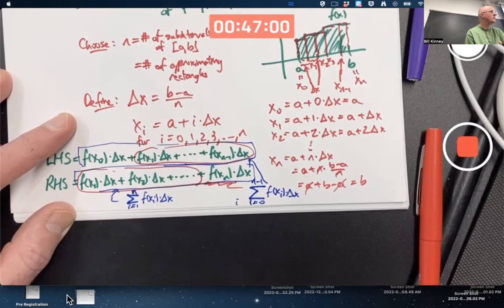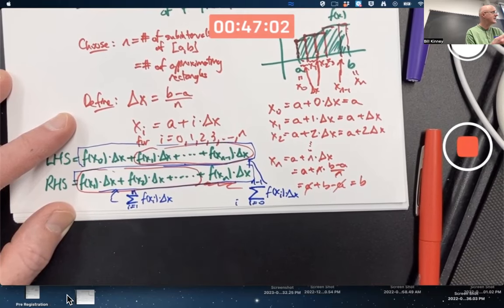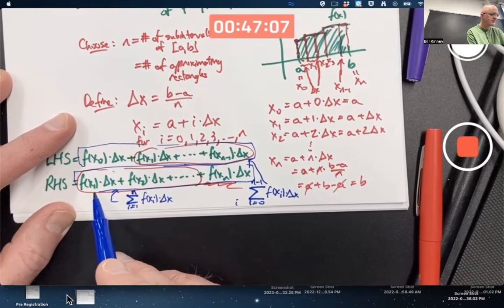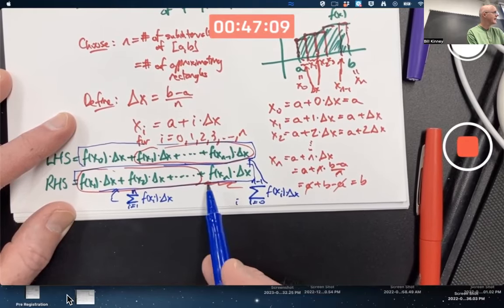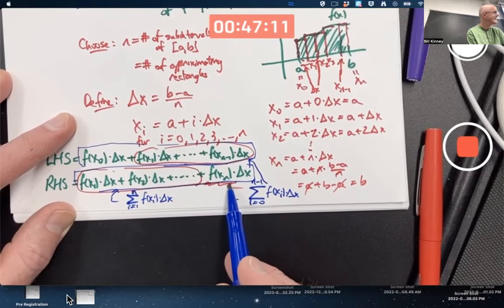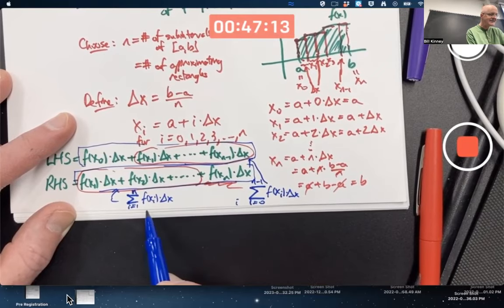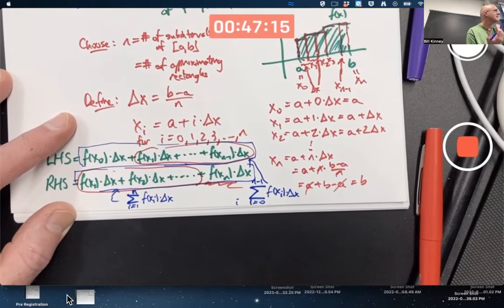Again, it's assumed when you write this that i keeps increasing by 1 in the summation. First you do f of x1, then 2, then 3, up through the last one, which has f of xn in it. The i in the summation is really kind of like a variable.